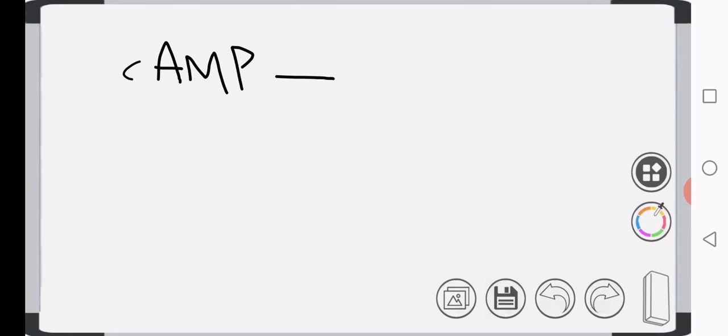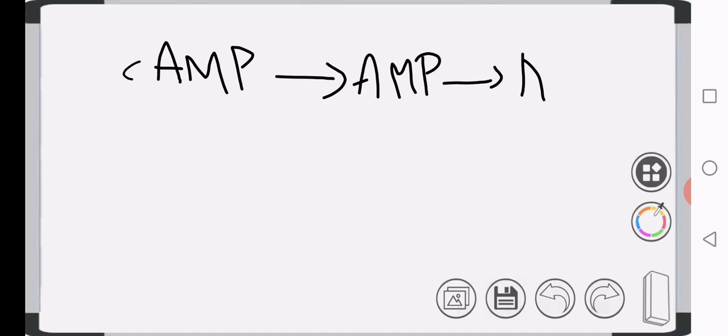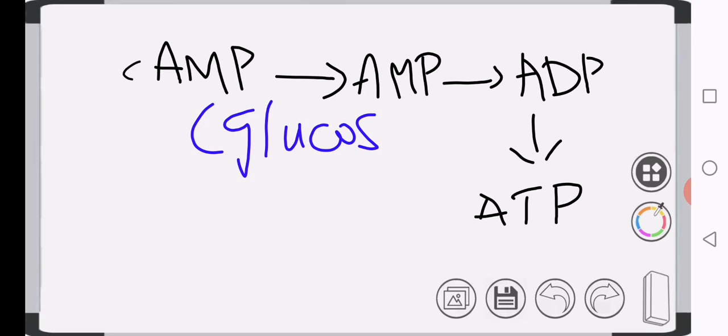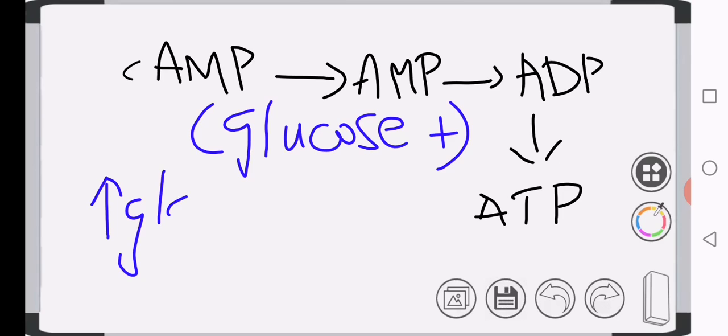The cAMP will be converted into AMP when glucose is present, and this AMP will be converted into ADP, and from ADP usually the ATP will be generated. So all these reactions occur when glucose is available in the system. Okay, so when glucose is high, normally the cAMP will be less.